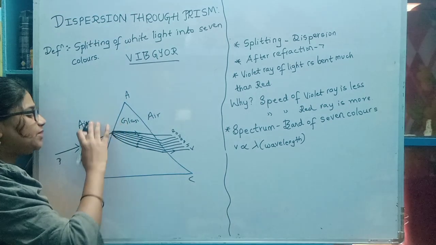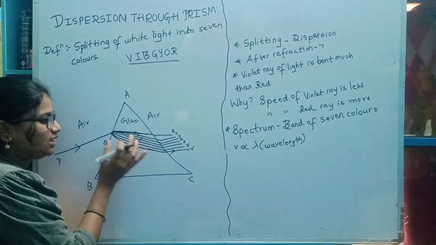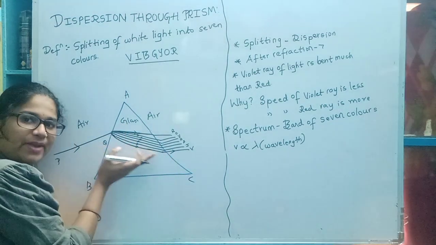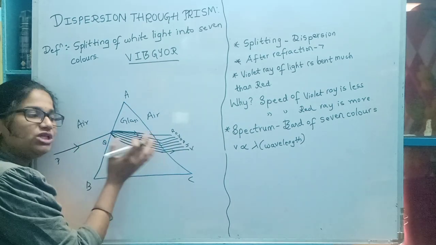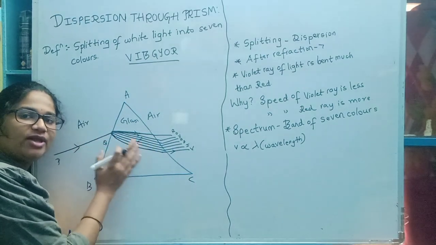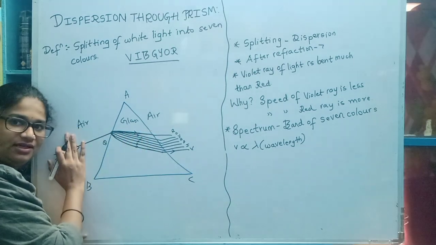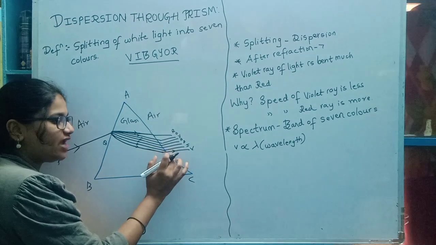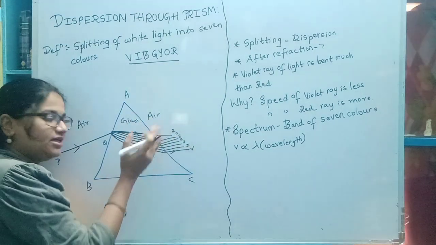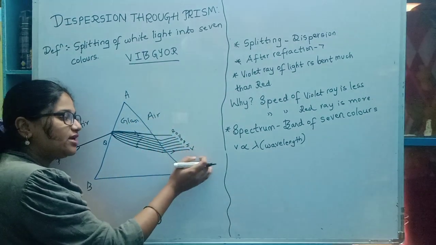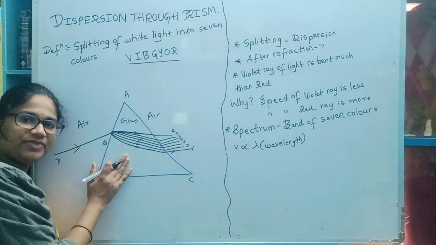When the medium changed from air to glass, it bent. The violet ray bent to a maximum extent. This shows that the speed of the violet ray inside the glass is less than in air. Again it got refracted like this, uplifted, and here the speed of the violet ray is more compared to the glass.